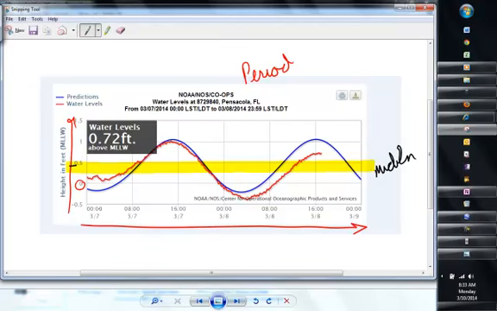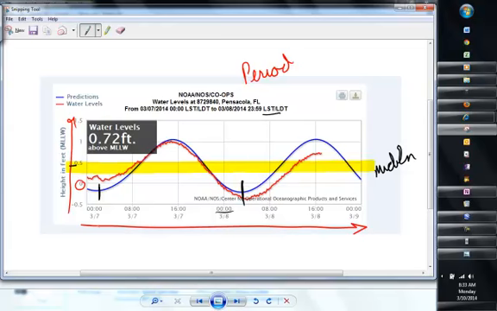Okay, so let's figure period. The period from here to here. Well, if you notice, here's 0 o'clock on the 7th. Here's 0 o'clock on the 8th. And these times are local standard time or local daylight time.